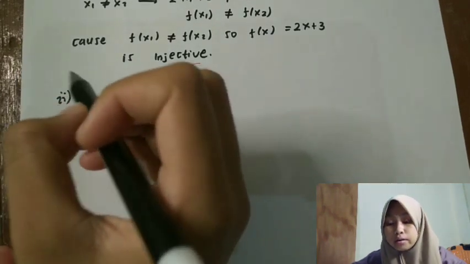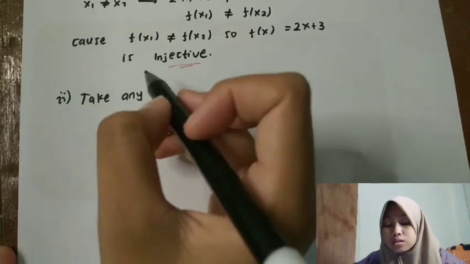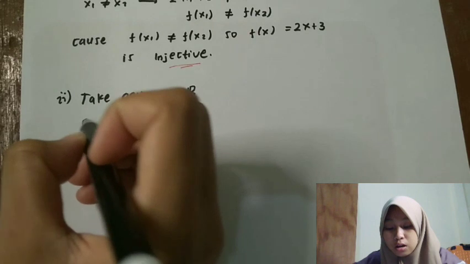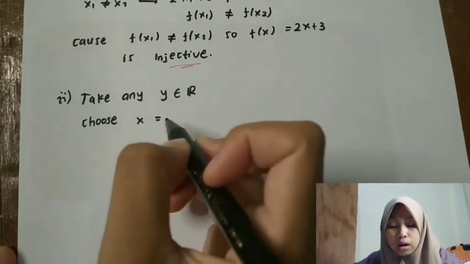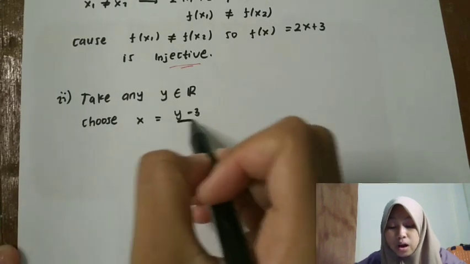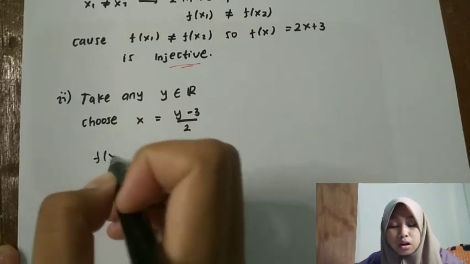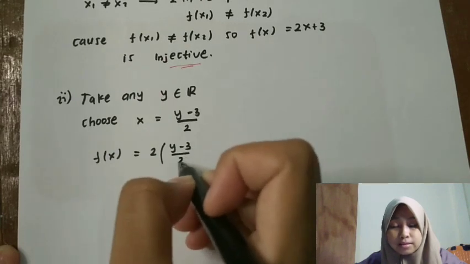To prove whether this function is surjective or not, take any y element of the real numbers. Choose x = (y - 3)/2. So f(x) = 2 times (y - 3)/2 plus 3.